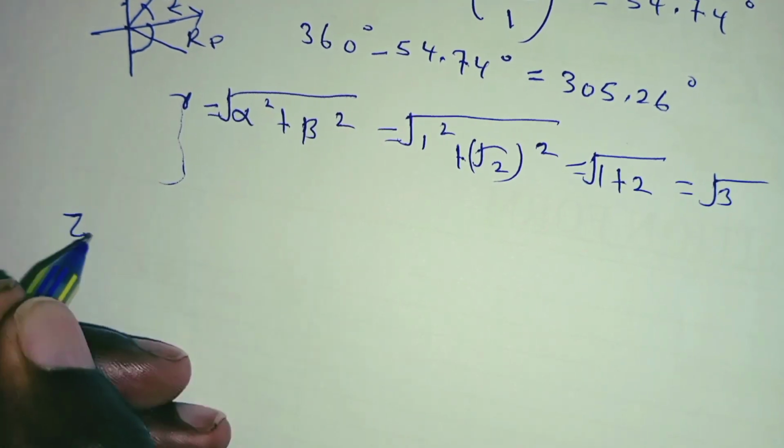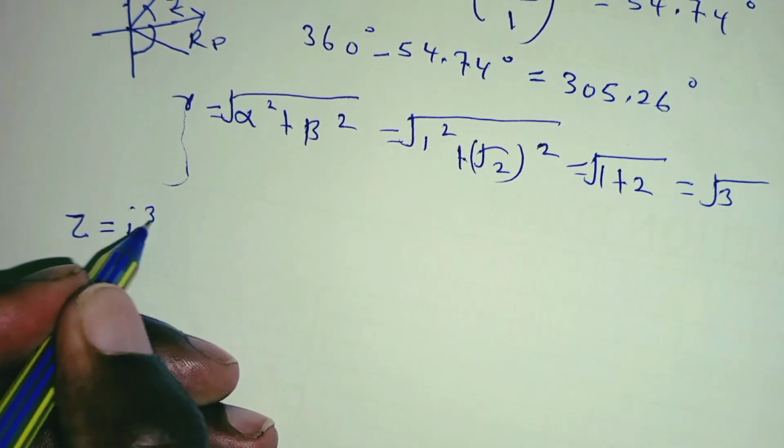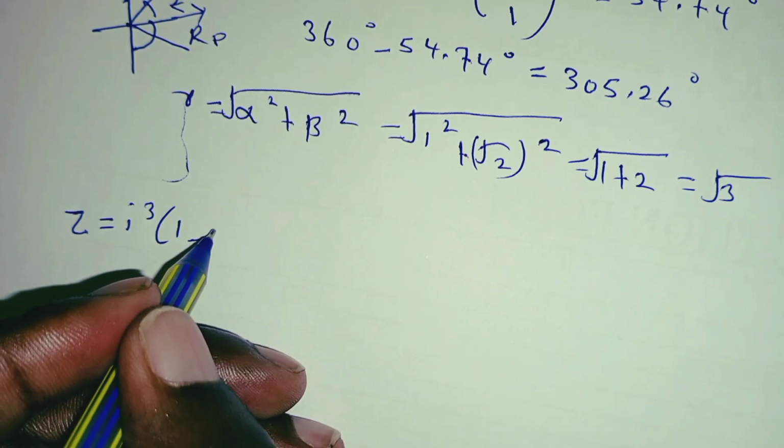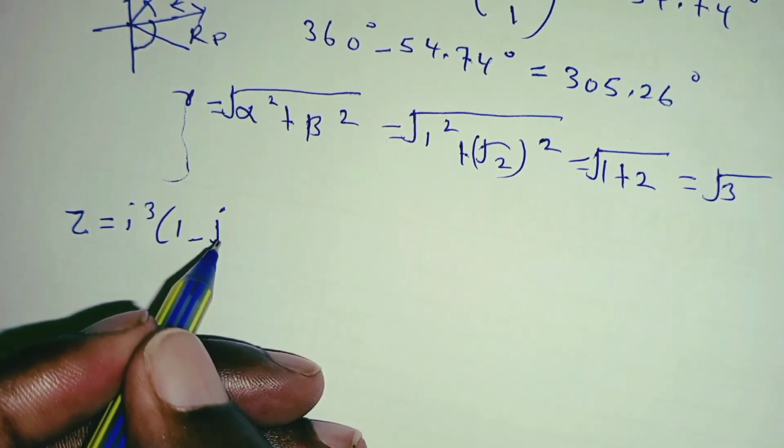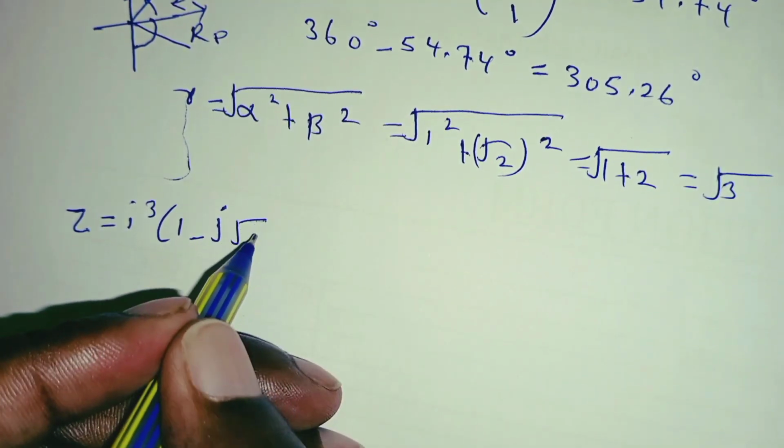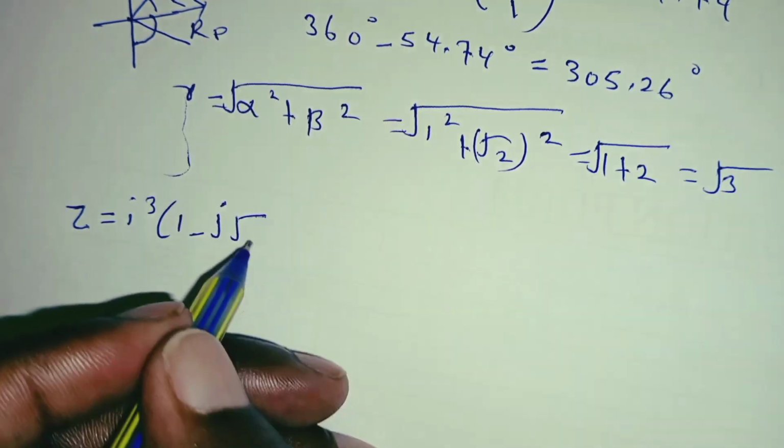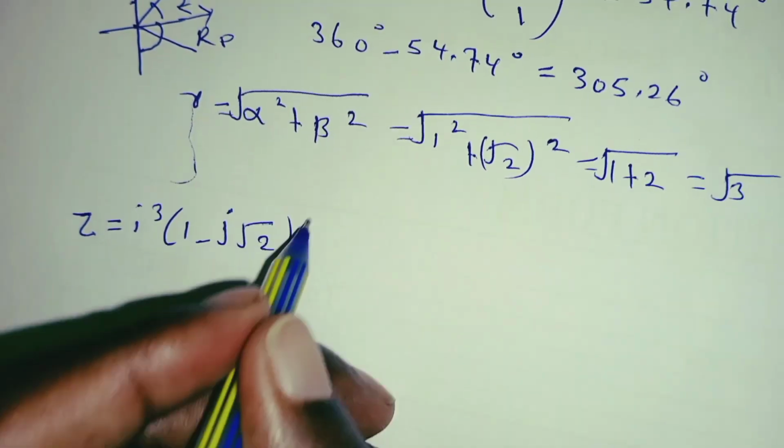So after making those three simplifications, we are going to simplify our equation, power 6.